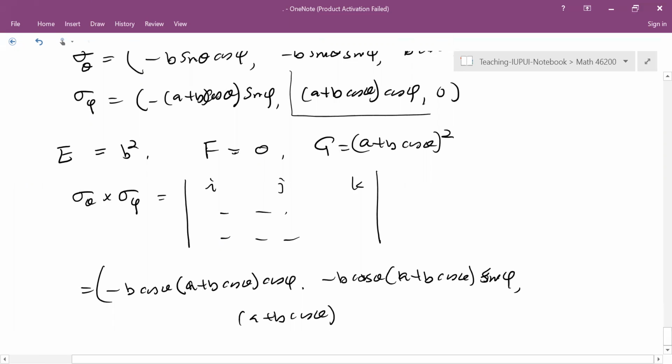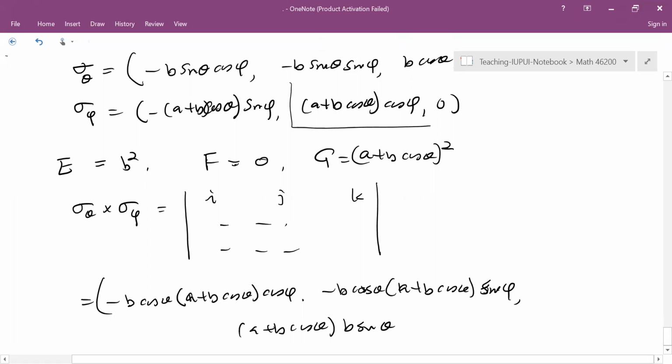And here's b sine squared, b sine theta, and you have a cosine square phi, and it's minus cosine square phi plus sine square phi is going to be 1.